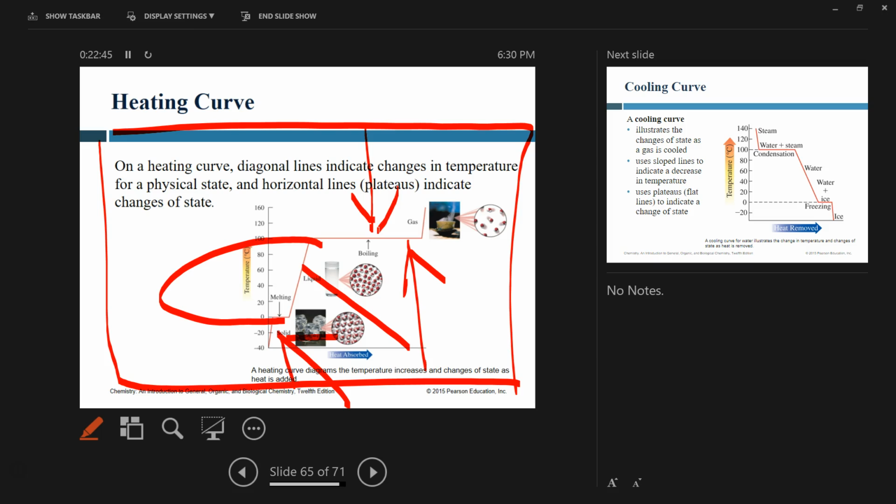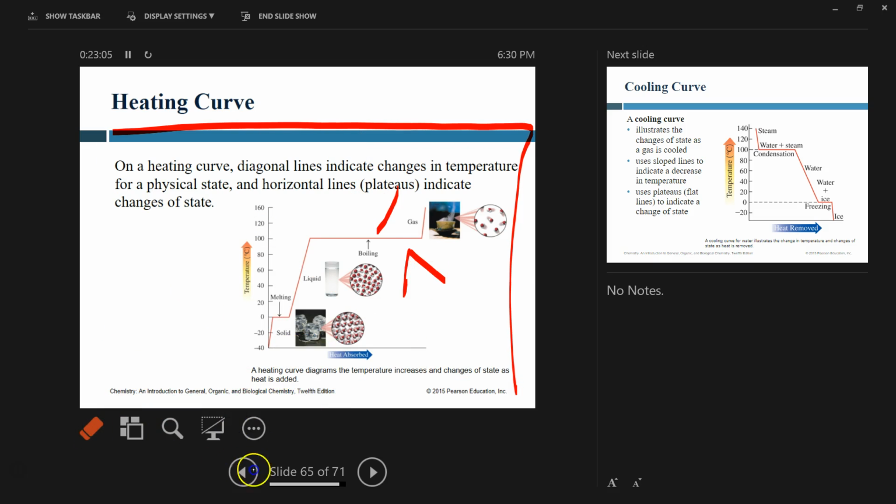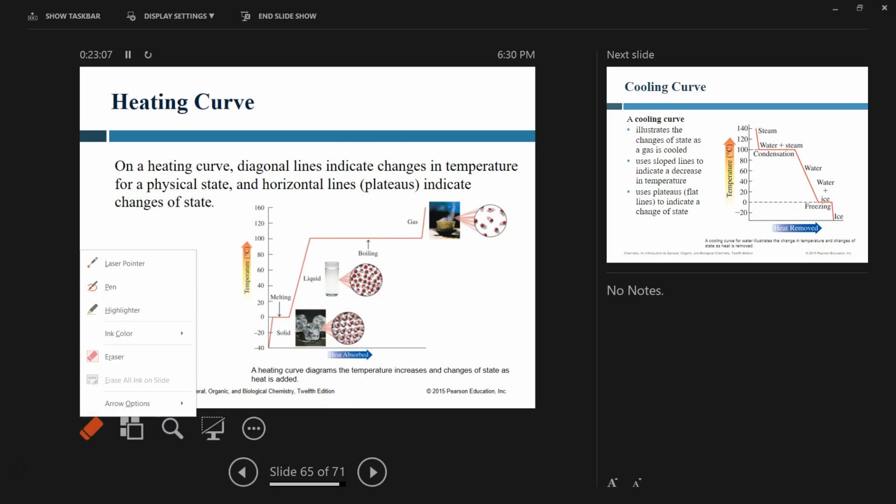Are we clear? So if you start with very cold ice and you heat it up, when ice itself heats up in this part, does it change the state? No. Let me erase this all. So here, does ice change the state? No. What happens here?